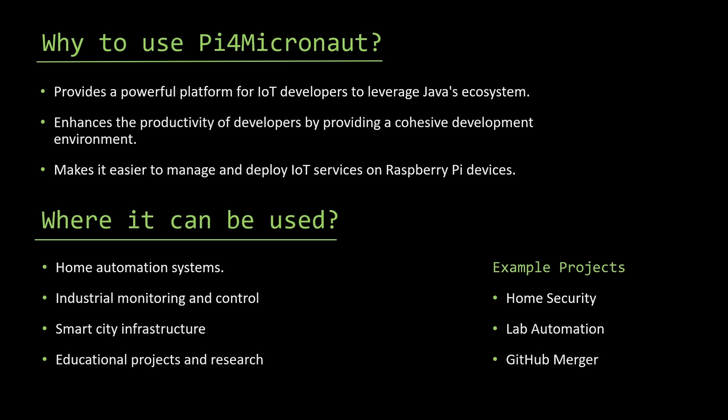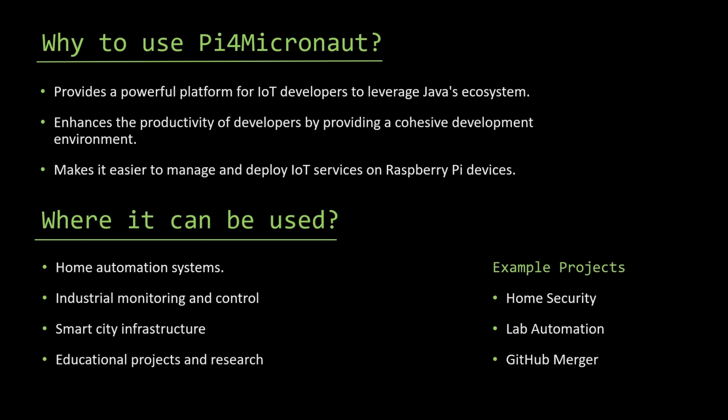Pi4Micronaut makes it easier to manage and develop IoT services on Raspberry Pi. It can be used in various fields, like home automation systems, like home security systems, industrial monitoring and control. You can develop applications for smart city infrastructure and also for educational projects and research purposes.